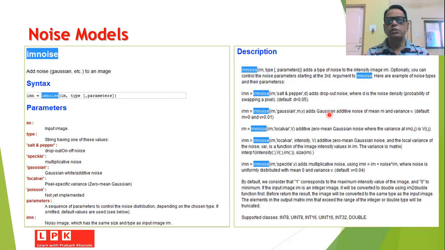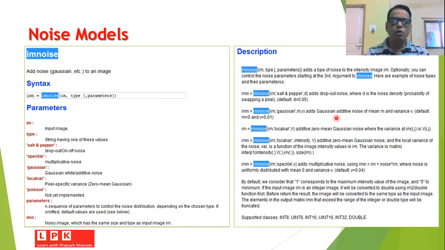We can add Gaussian noise, which is an additive noise of mean M and variance V. The default values used for the mean and variance are 0 and 0.01.